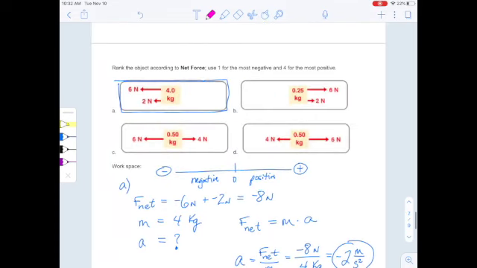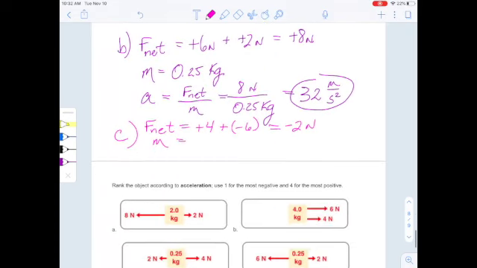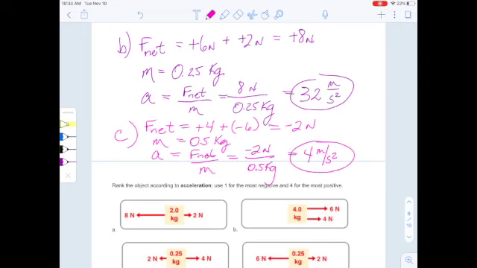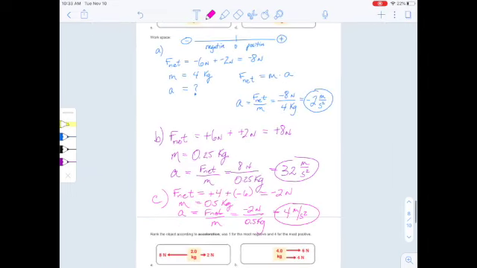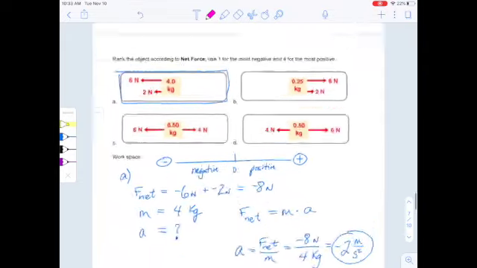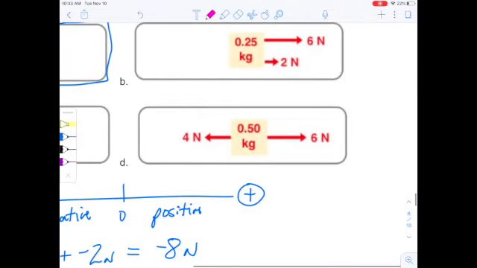My mass is 0.5 kilograms. And my acceleration is F net over mass, -2 newtons over 0.5 kilograms, which gives me -4 meters per second squared. And then for D, I'll solve that one up here because I have run out of room.